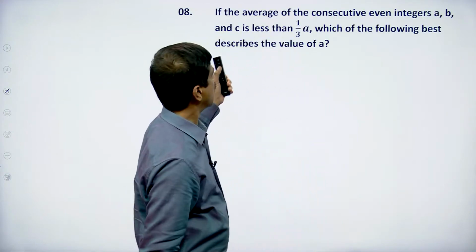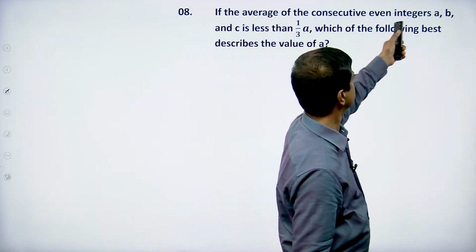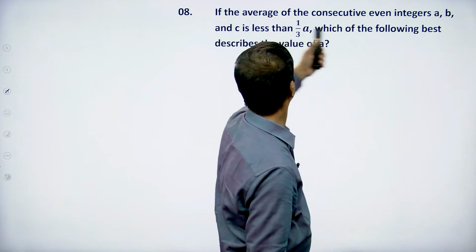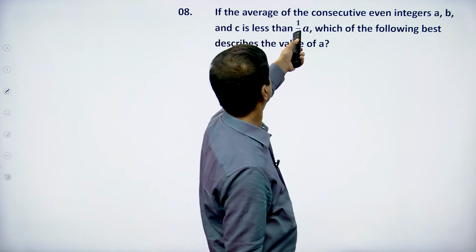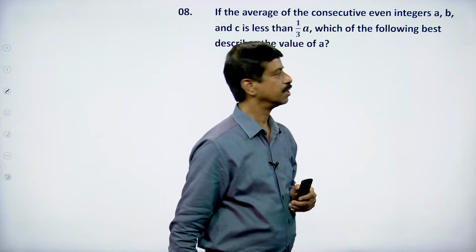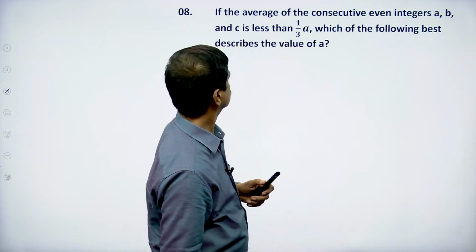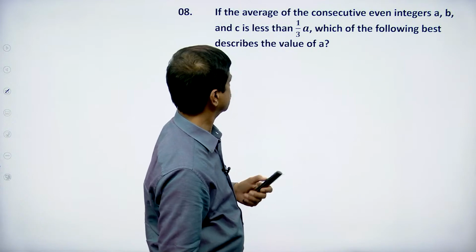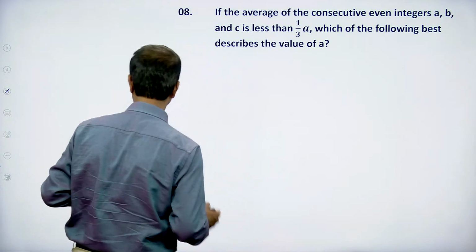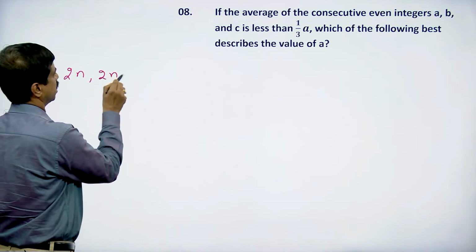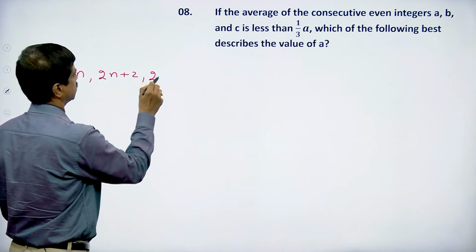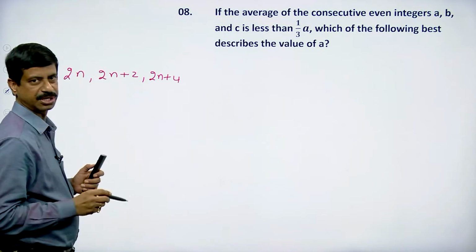Okay children, let us move to the next question. If the average of consecutive even integers a, b and c is less than 1/3 of a, so let us say 2n is the first even integer, the second even integer is 2n plus 2, the third even integer is 2n plus 4, right children?